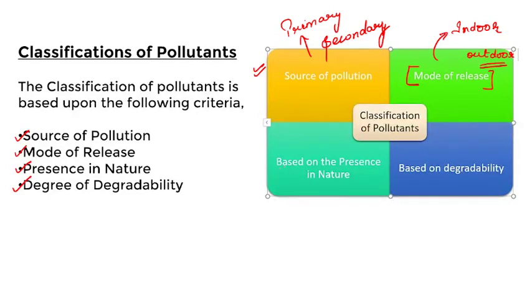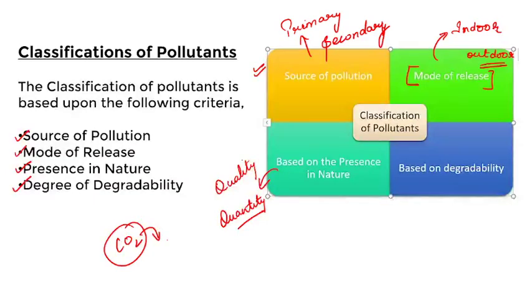Then about the presence in this nature. This presence is about the quality and the quantity. Like for example, if I say carbon dioxide is an important component of our atmosphere and it is needed by plants in the process of photosynthesis to actually make food.